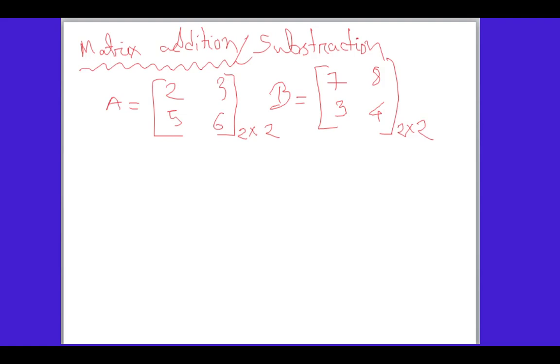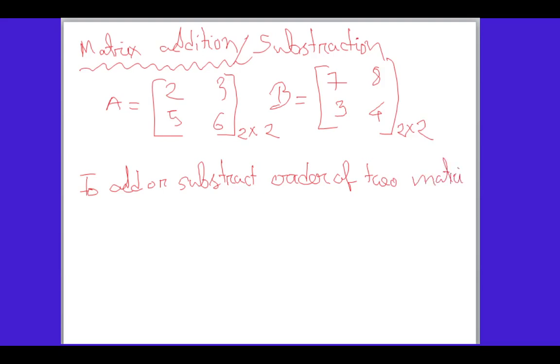To add or subtract two matrices, the order of the matrices should be the same. That means number of rows and number of columns both will be the same.